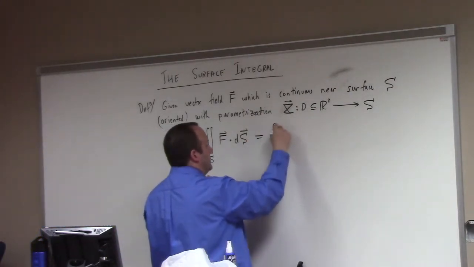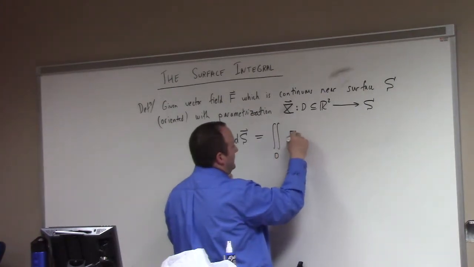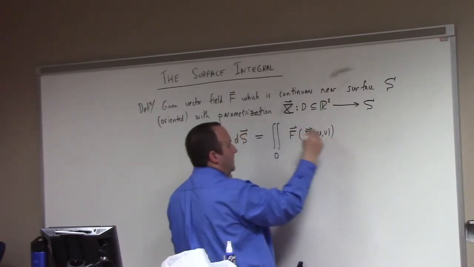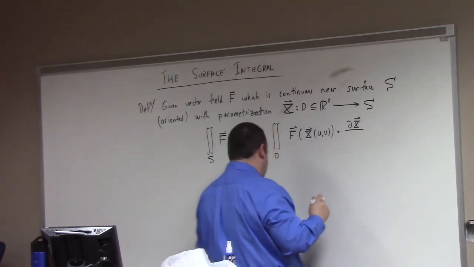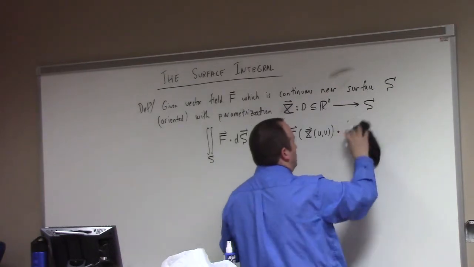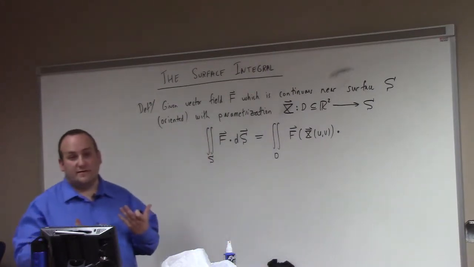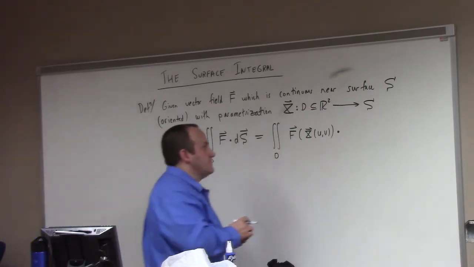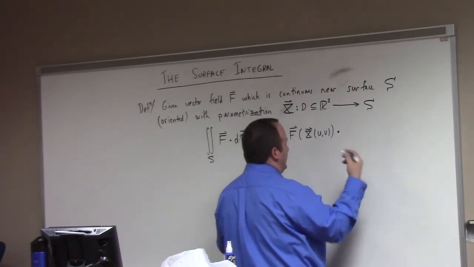So this is what we're defining, this object, the surface integral. This is equal to the double integral over the domain of the parameterization of F of the parameterization, dotted with partial X. Oh, I'm sorry, that's not the definition. Un momento. I'm slipping up here. I was about to write for you the formula that we always use to actually calculate it. But the definition is a little bit less useful, but a little bit more easy to understand geometrically.